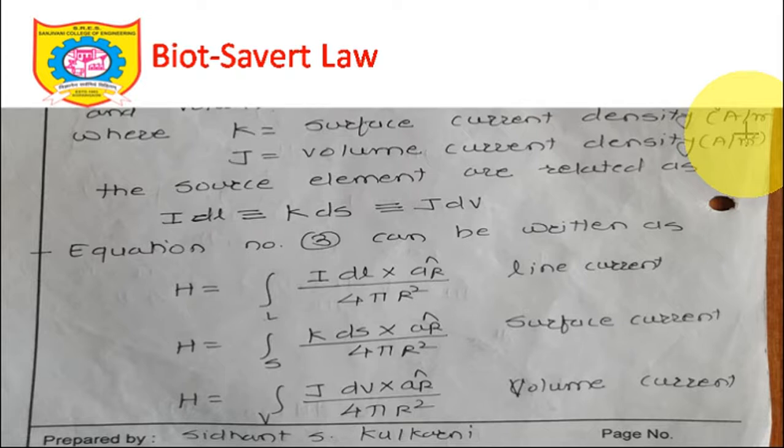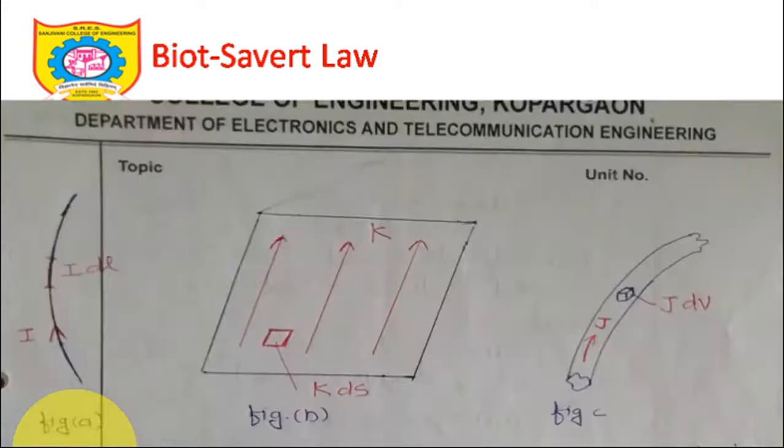K is the surface current density whose unit is ampere per meter. J is the volume current density whose unit is ampere per meter square. Once again, remember these things in detail. I has the unit of ampere, K has the unit of ampere per meter, and J has the unit of ampere per meter square.